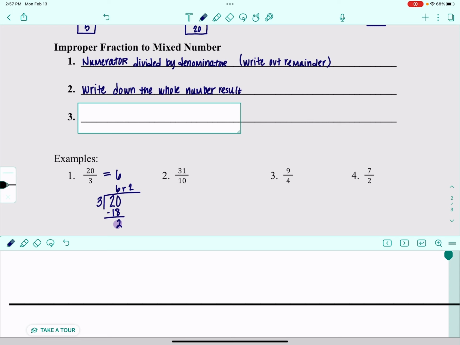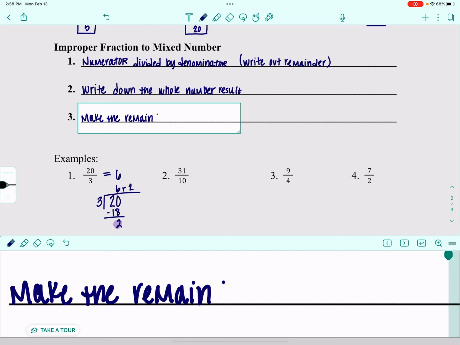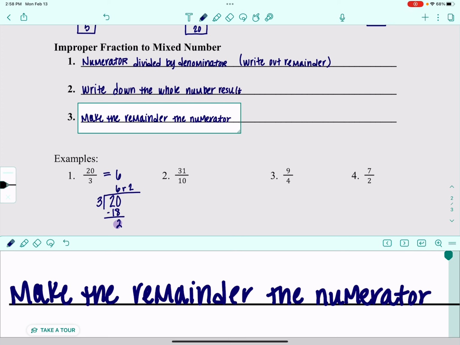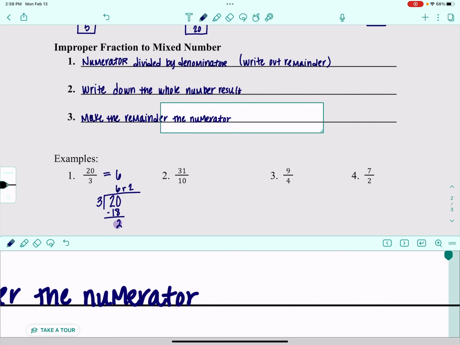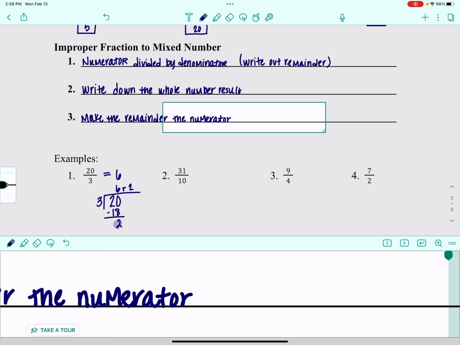Then we're going to make the remainder the numerator of the fractional part.